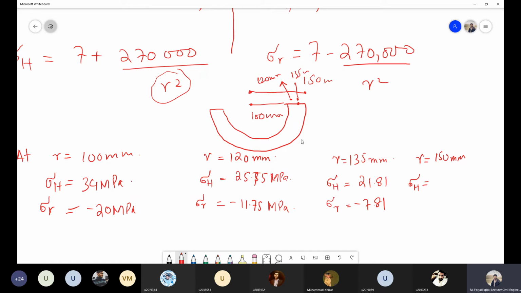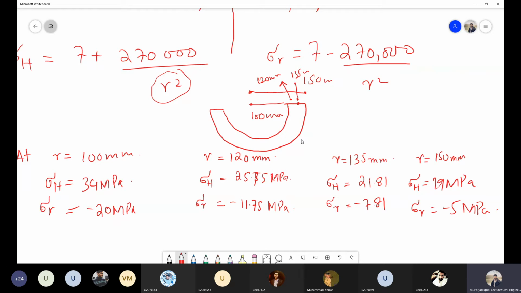So the hoop stress will come out to be 19 megapascal. And what about radial stress? Minus 5. That will be minus 5 megapascal. So now we have 4 points that were asked in the question.